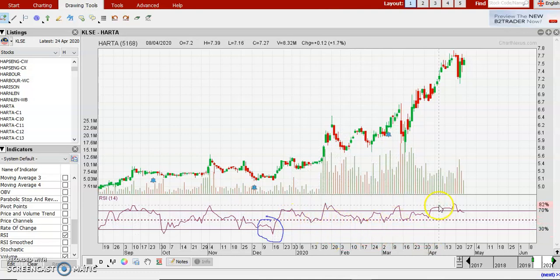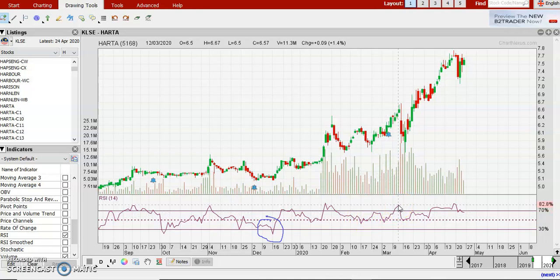So this indicates a strong bullish trend. You can see that it increased and just made a correction around 50% and kept on increasing again, made a correction and kept on increasing again.